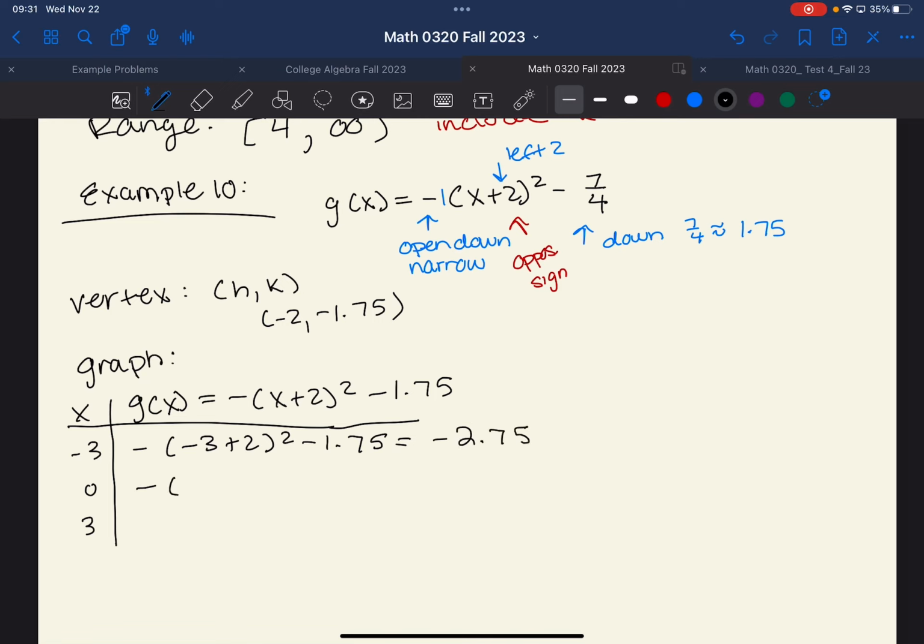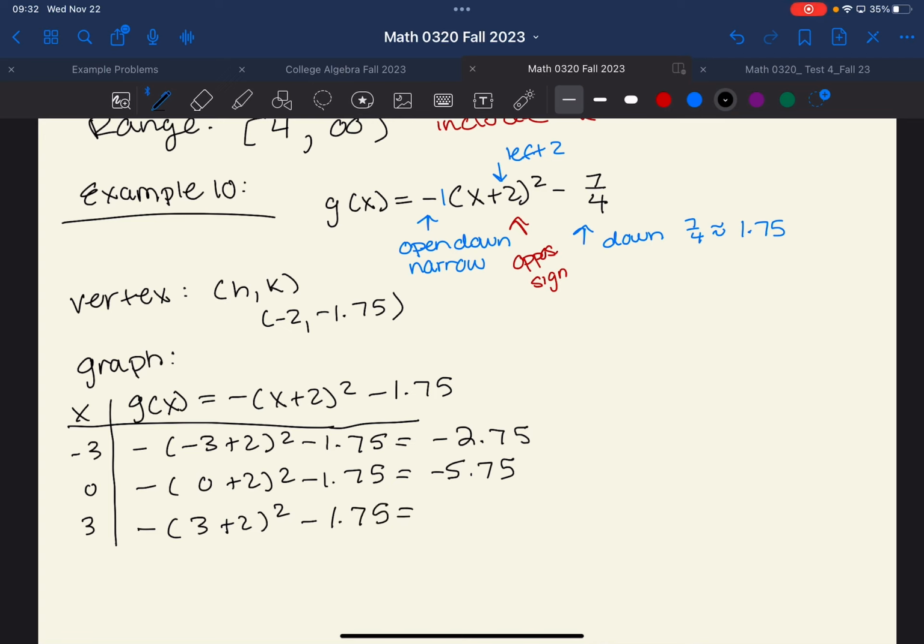Then I'm going to plug in 0. When I plug in 0, I get 2 squared, that's 4, negative 4, so this is negative 5.75. And again, you can find this just by plugging the whole thing in your calculator using those parentheses. And then lastly, I'm plugging in a positive 3.